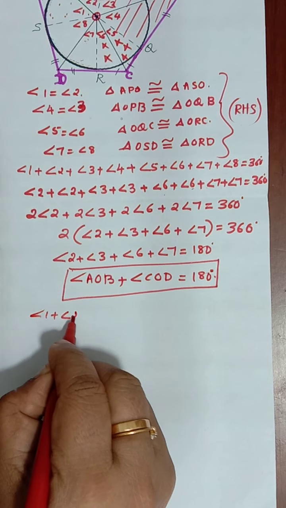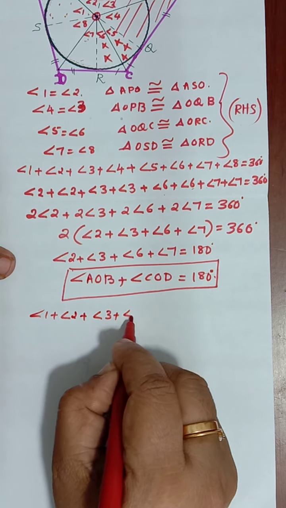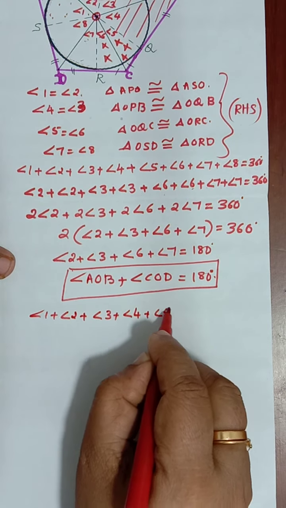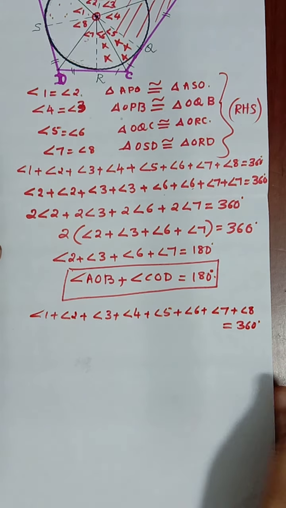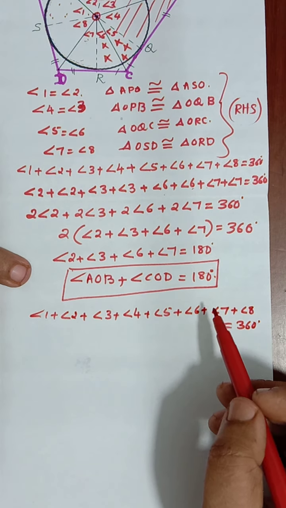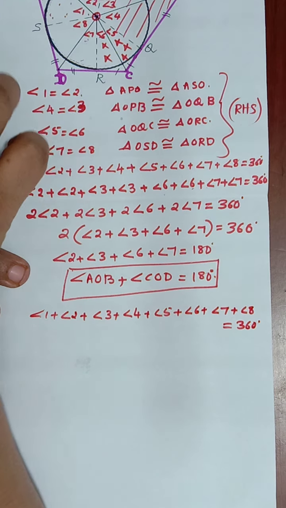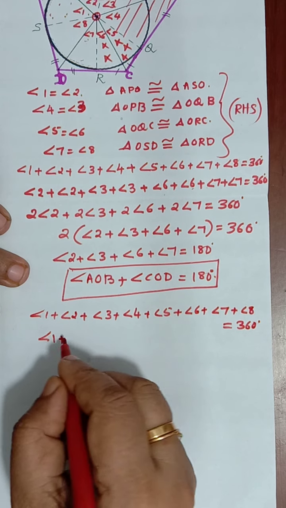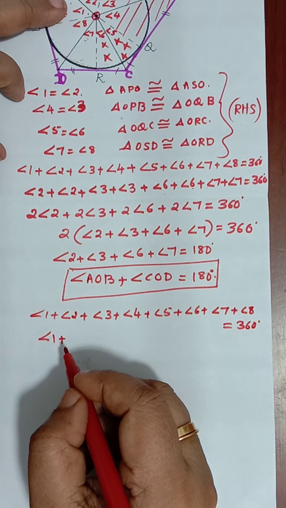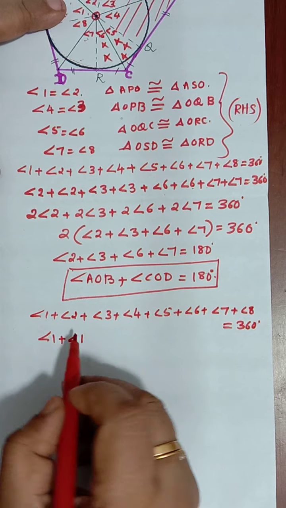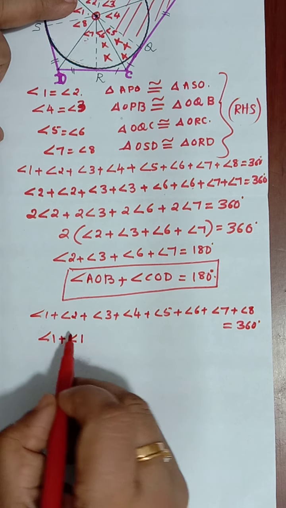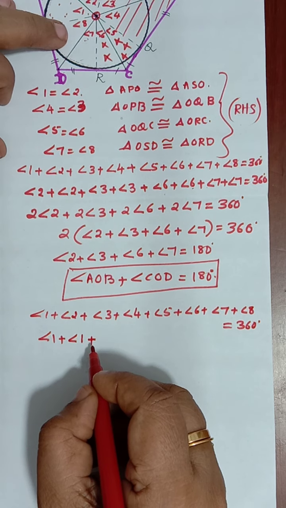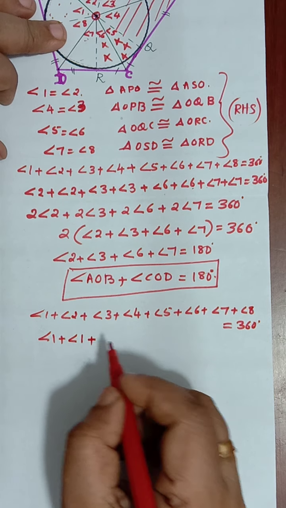1 plus 2 plus 3 plus 4 plus 5 plus 6 plus 7 plus 8 is equal to 360. Now here we need AOD, so 1 and 8 we need. 1 we will write. 2 we can write as 1 itself because 2 is equal to 1. Plus 1, 8 we need. 3, 4 we need.